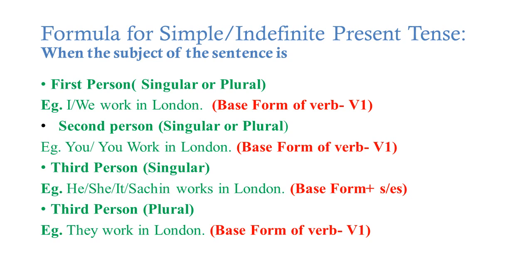So the rule is that in simple present tense, when the subject is third person singular, we add s or es to the base form of the verb. But for a third person plural subject, we do not add s or es to the verb. For example, they work in London.